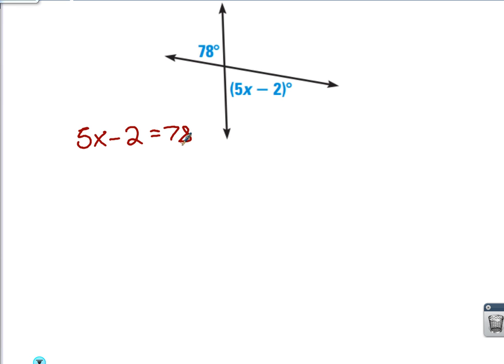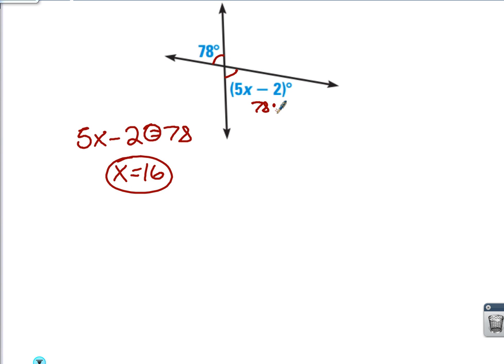Those two angles are vertical. You have two straight lines intersecting, just like scissors. As you open this pair of scissors, or this side of the scissors, the other side opens the same amount. So those two are vertical, therefore they must equal each other. We saw this, add 2, divide by 5, you get x is 16. You can plug that in. 80 minus 2 gives you 78. Check. They do equal each other.